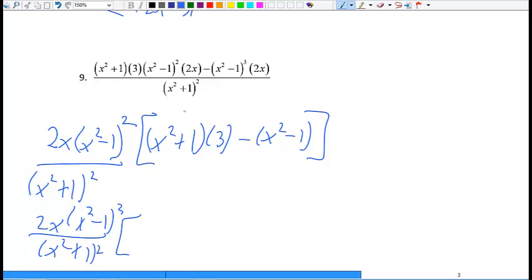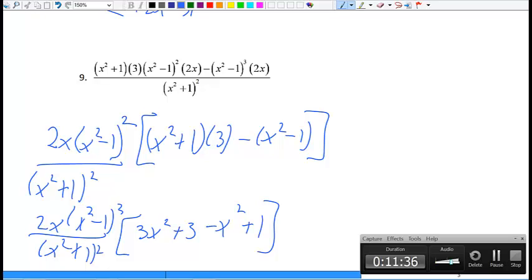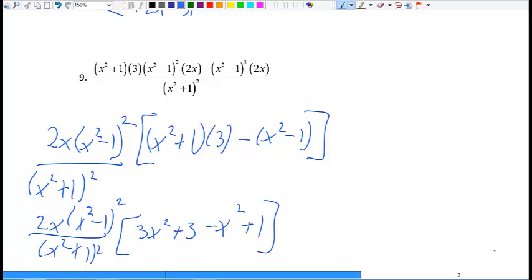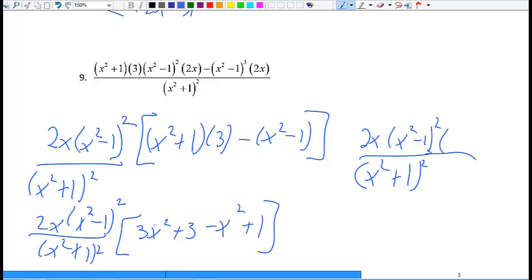Well, this would give me 3x squared plus 3 minus x squared plus 1. Okay, so last thing would be 2x, so just combine like terms, x squared minus 1 squared over the x squared plus 1 squared, and then the numerator, 3x squared minus x squared gives us 2x squared plus 4.